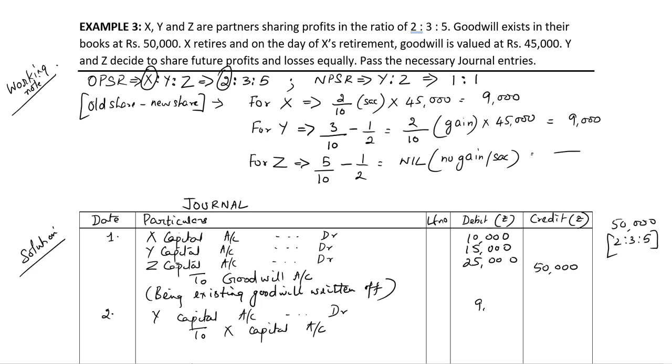Amount 9,000 rupees, being goodwill adjusted through partners' capital accounts. So this is the answer for the third example sum.